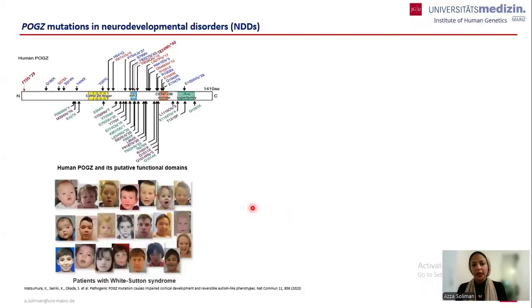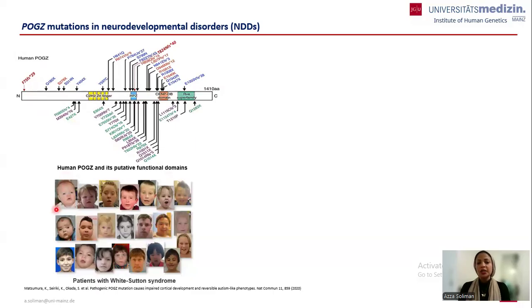This is the human POGZ protein with the different domains. This picture is from a publication from 2020, which shows the different mutations that have been identified in patients with White-Sutton syndrome. You can see that the mutations spread along the protein and the different domains.